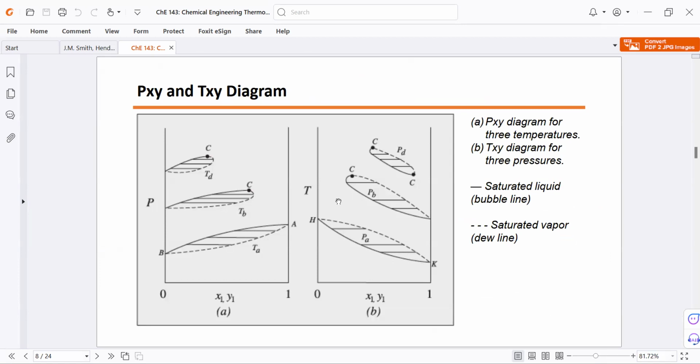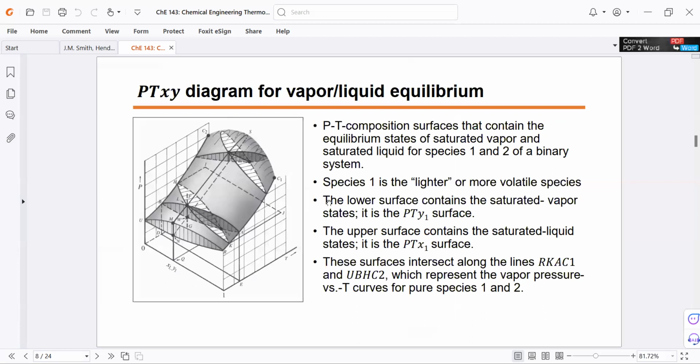So how did we come up with the PXY and TXY diagram from the PTXY diagram? First is the PXY. PXY is derived by fixing the temperature.